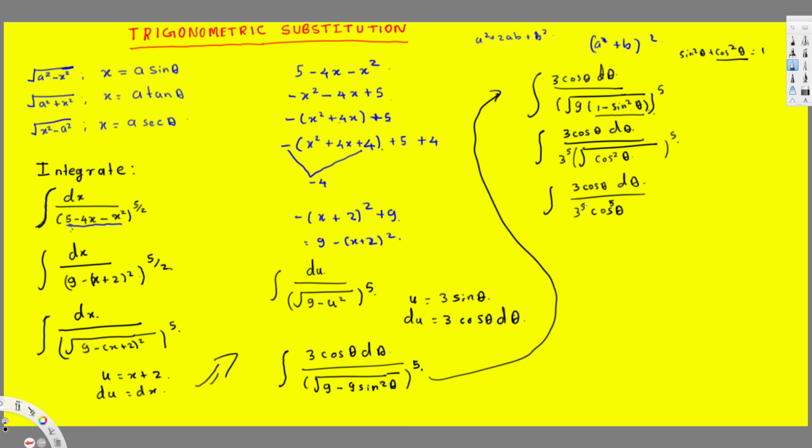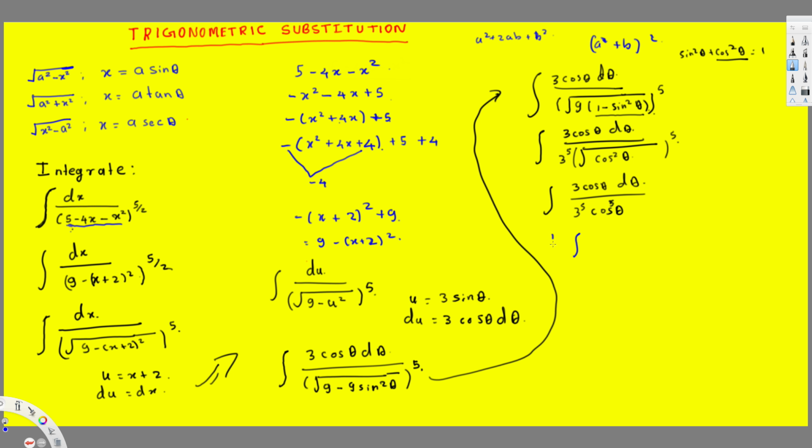Here we have 3 power 5, we can get rid of one of these 3 because we have 3 on top here. So if we cancel these two, this is going to be 3 power 4. Let's use a different color to continue, right? I can also cancel this cos theta, and this is going to be cos power 4 theta.